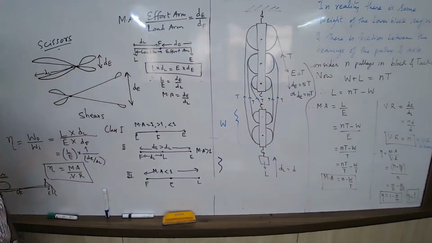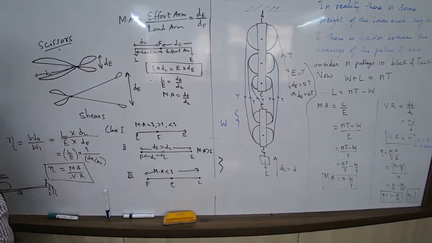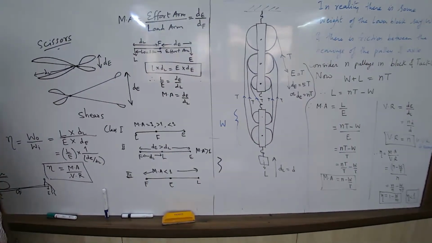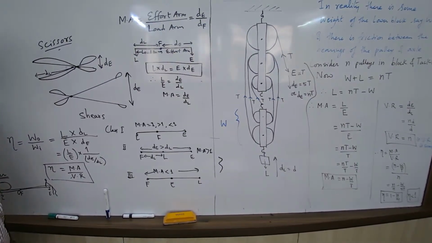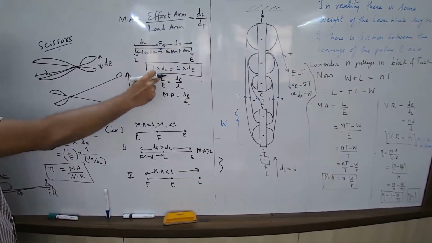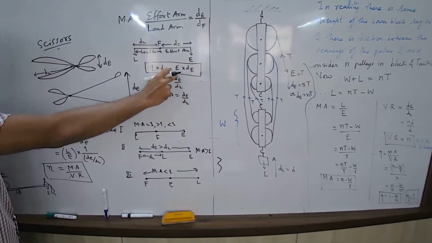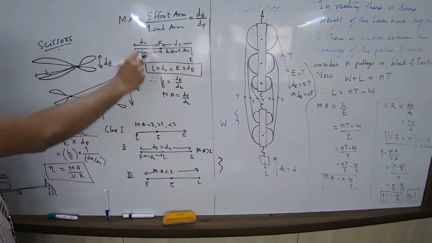So what is the principle of lever? Yes, what is principle of lever? वही जब बोल रहे थे तब सुनते नहीं हो तुम लोग. Principle of lever is यही है, at equilibrium load multiplied by load arm is equal to effort multiplied by effort arm. And इससे क्या मिलता है हमको? ये मिल जाता है.